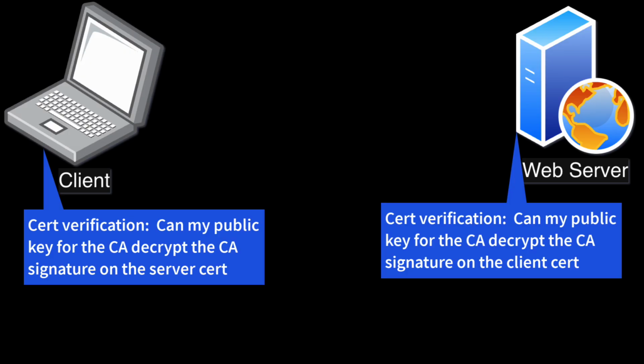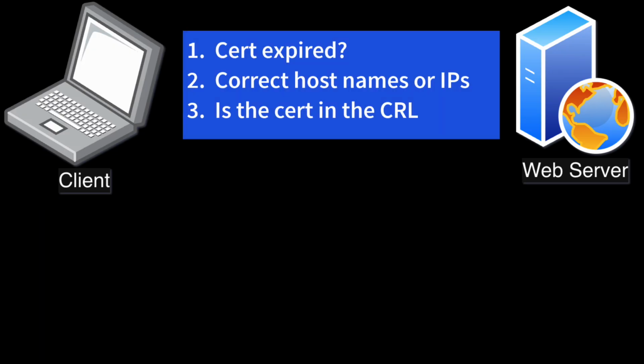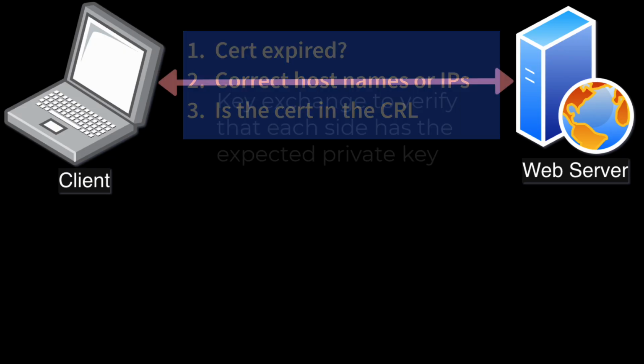Step 4. Certificate validation on both sides usually follows these steps. 1. Has the certificate expired? 2. Are the host names or IP addresses involved in the session request what are listed in the certificates? 3. Is either certificate in the CRL? 4.